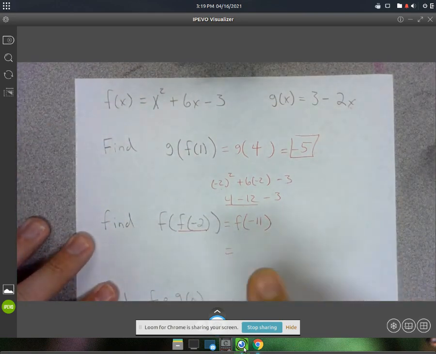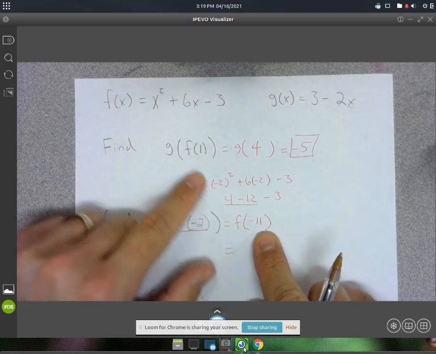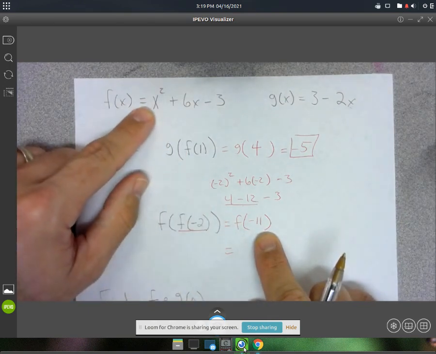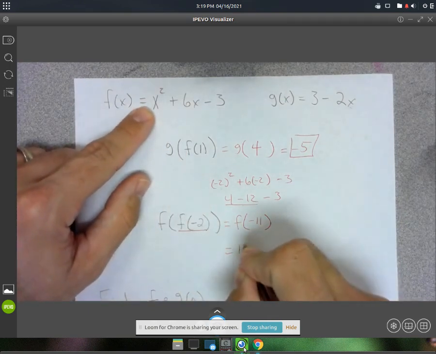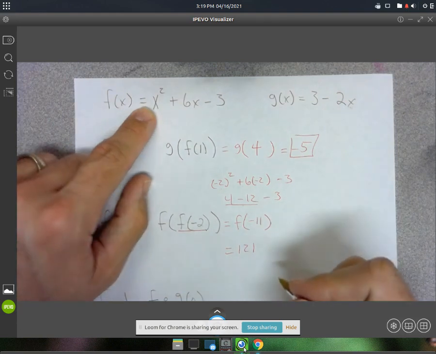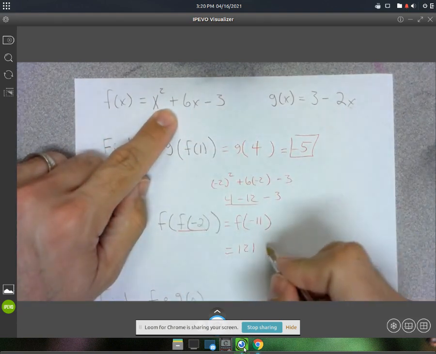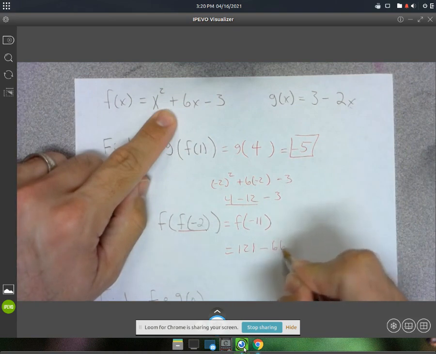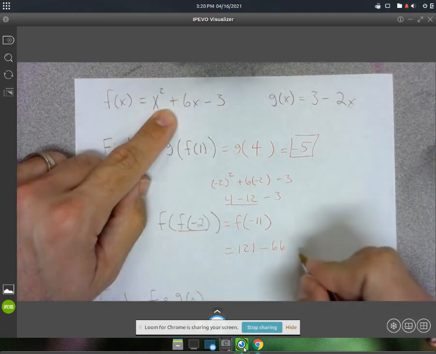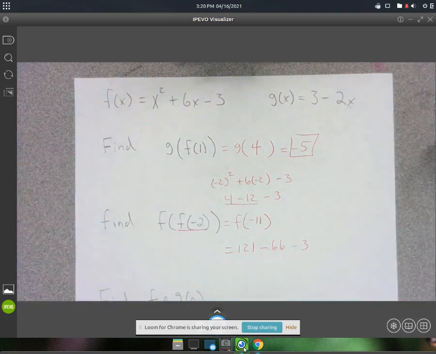All right, do it a little differently here. If I square -11, that's going to give me 121. And I'm plugging in negative 11 for x here. So that's going to become a minus 66 and then minus 3. Okay. Oh, I should have known. The hardest part of this whole problem was the subtraction.